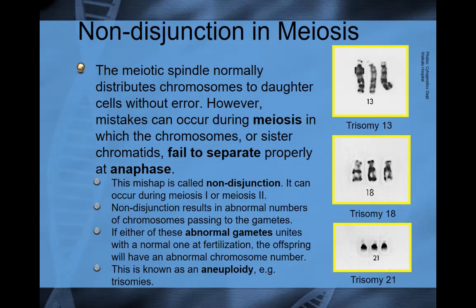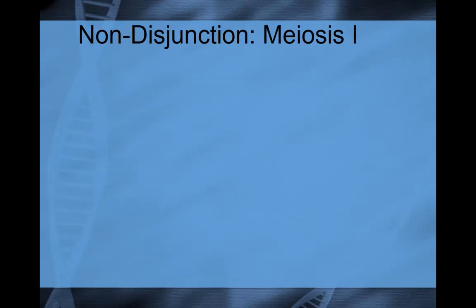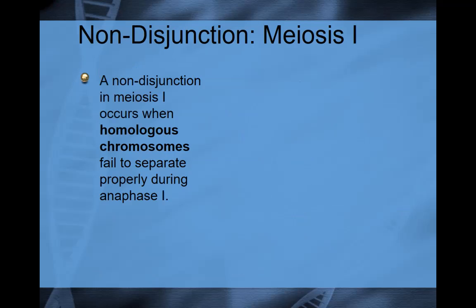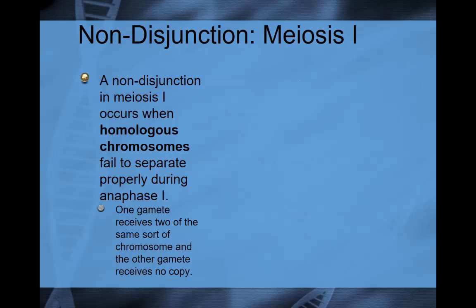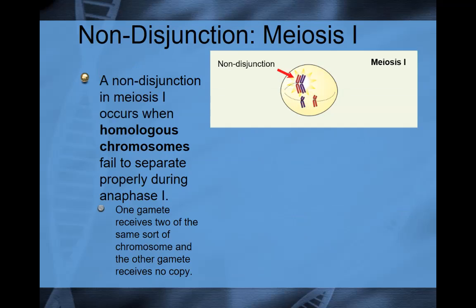We'll start with meiosis I. So a non-disjunction in meiosis I occurs when homologous chromosomes fail to separate during anaphase I. You can see your homologous pair, instead of separating to opposite sides, two of them get stuck together and both go to the same side. Well, what does that lead to?